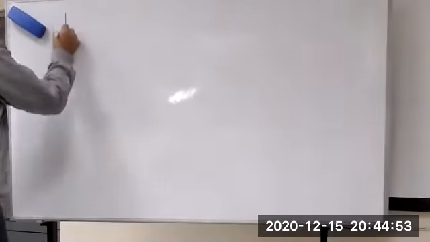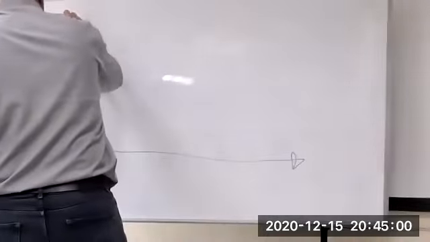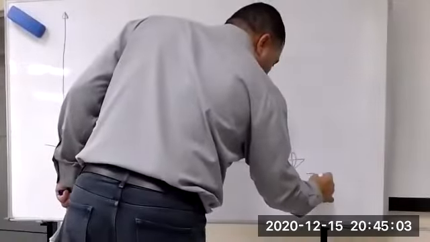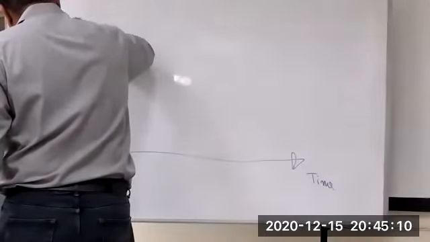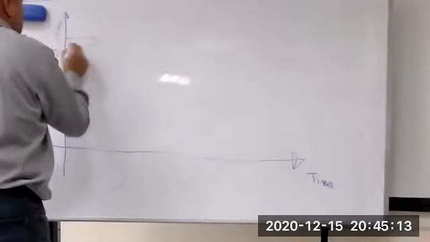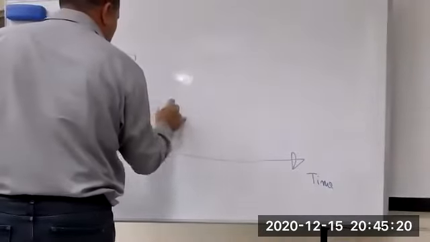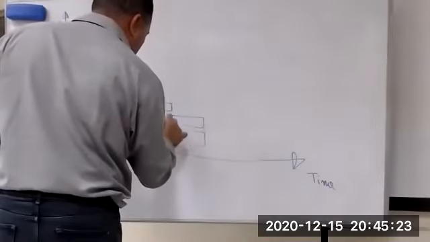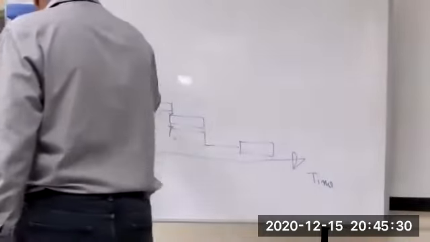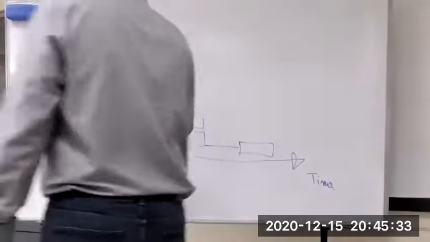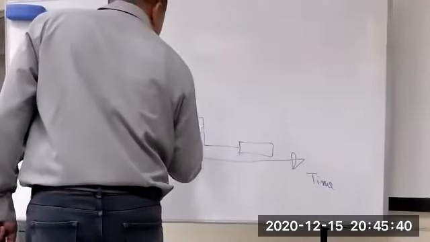You have your activity list and time, activities A, B, C, D, E, F, G, H, whatever.